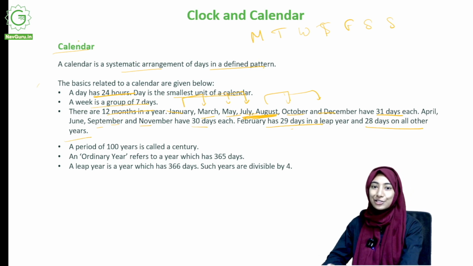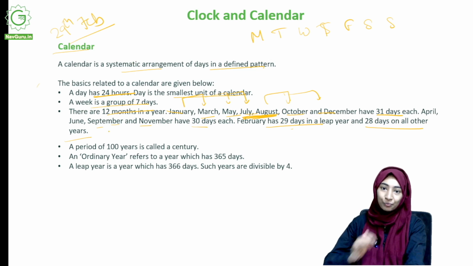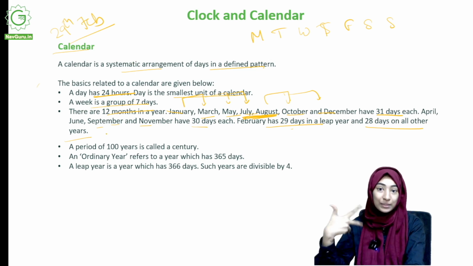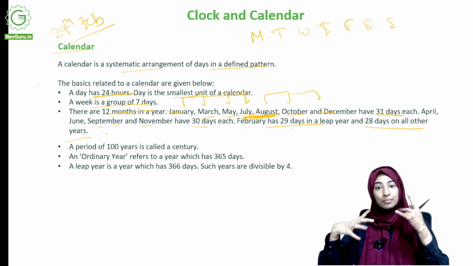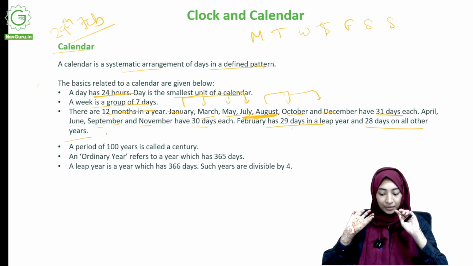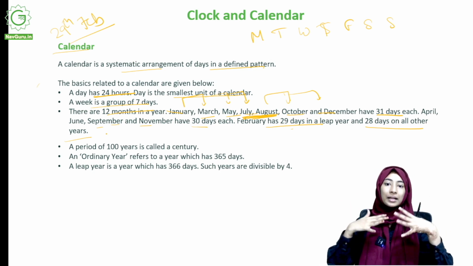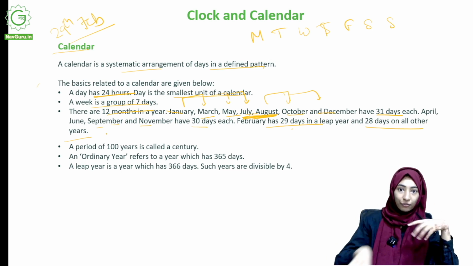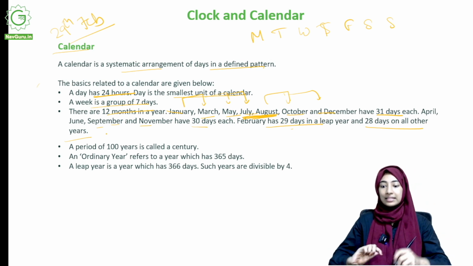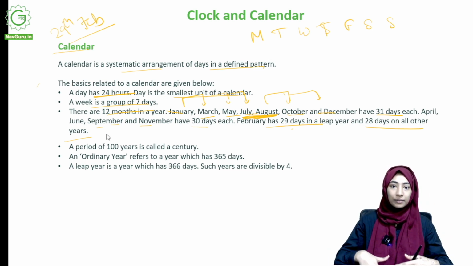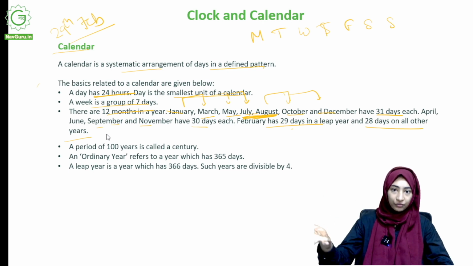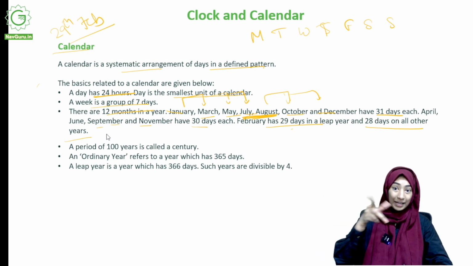Do you have friends whose birthday is on 29th February? I had a friend whose birthday was on 29th February. We all celebrate our birthday on the day it falls, right? If my birthday is on August 5th, I say I'm 20 years old when it becomes August 5th.